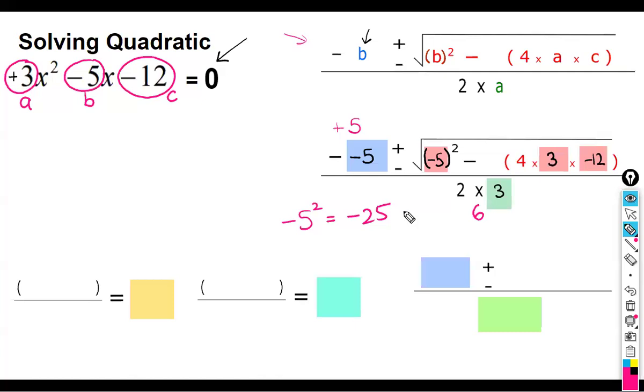Not because the calculator is wrong, but because you typed it in wrong. On Casio calculators, if you are squaring a negative, you have to put it in brackets on the calculator. Close the brackets and then square it. And you will realize you get positive 25. So take my word for it, right? When you square anything in the world, you get a positive value.